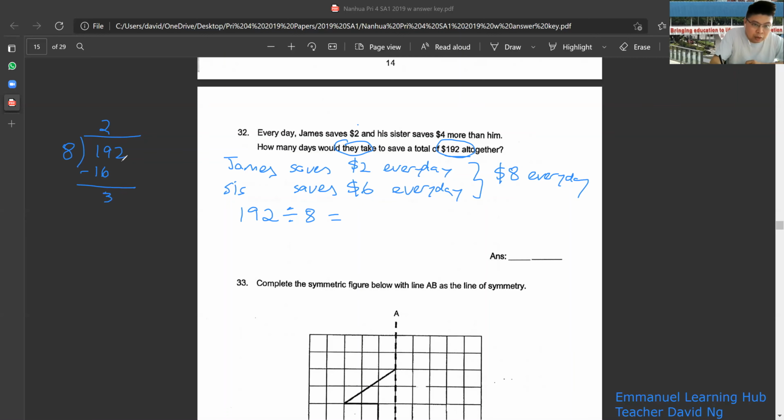And then you put 3 below, then you bring down the 2. Good. Then 8 times what equals 32?